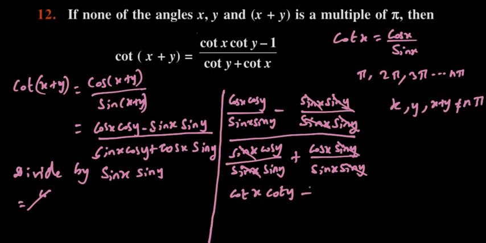Minus, here everything has cancelled, so only 1. The denominator: cos y by sin y is cot y, plus cos x by sin x becomes cot x. So cot x cot y minus 1 by cot y plus cot x. Cot y plus cot x is the same as cot x plus cot y, either way can be written. So cot of x plus y is cot x cot y minus 1 by cot y plus cot x.